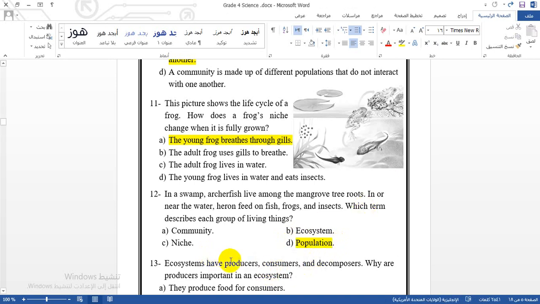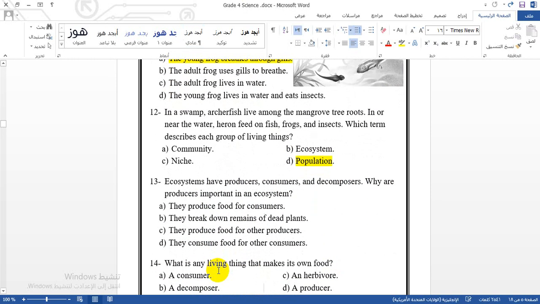Ecosystems have what? Producers, consumers, and decomposers. Why are producers important in an ecosystem? It's considered to be the first link of the food chain.